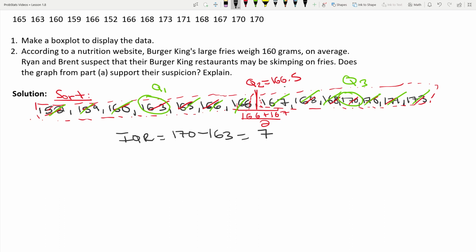So we calculate the IQR to identify the outliers, so we can calculate the outliers now. So let's do outliers real quick. All right, so the outliers have to be less than the first quartile minus 1.5 IQR.